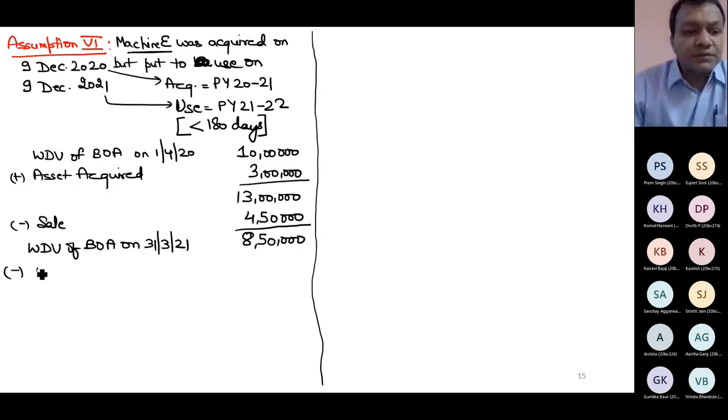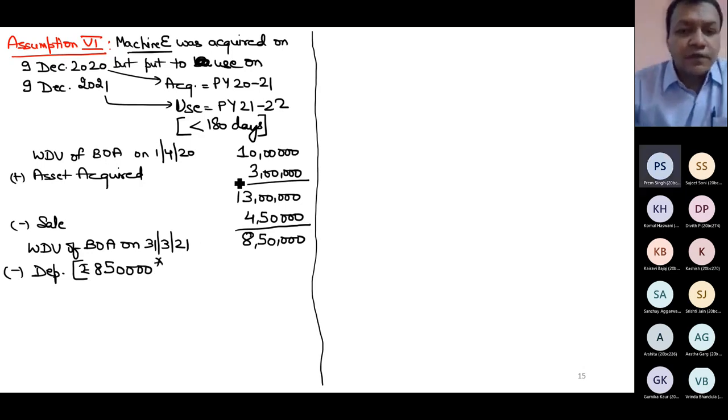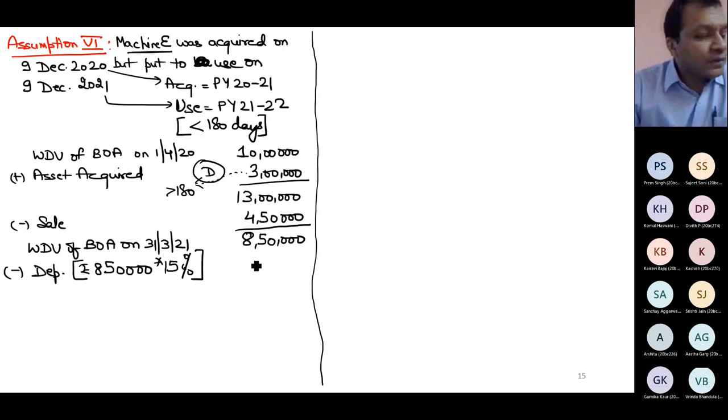Then I will compute depreciation. Will I compute half rate or full rate? Sir, full rate. Full rate, because I have added only 3 lakh value, and 3 lakh was used. This was machine D. It is used for more than 180, so there is no scope of half rate. It gives you 127,500.